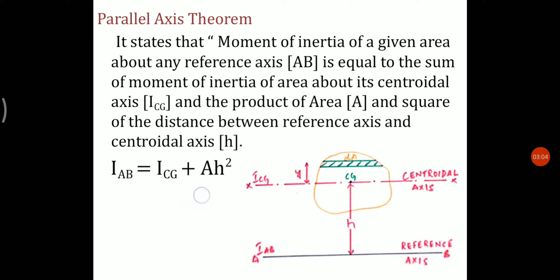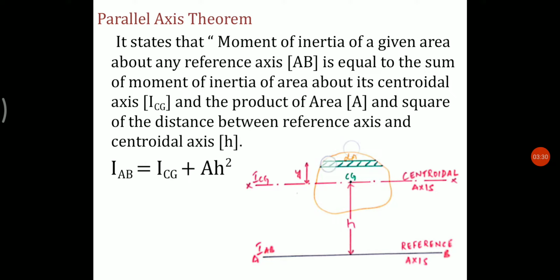IAB is equal to ICG plus Ah squared. Now IAB is the moment of inertia about any reference axis. It is equal to the sum of these two terms, ICG and Ah squared, where A is the area and h is the distance between reference axis and centroidal axis.